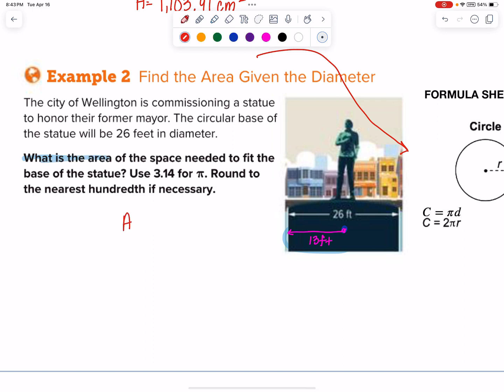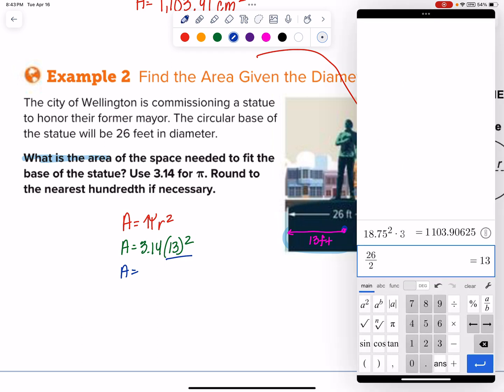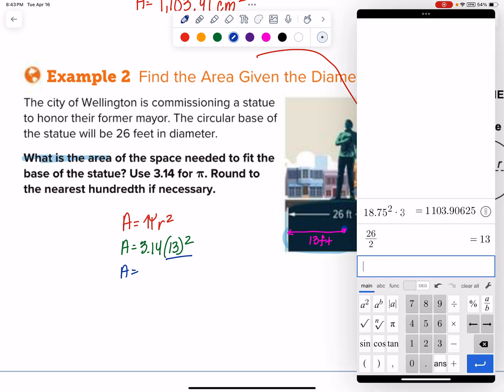We have area equals pi r squared, okay? Set it up and substitute. 3.14 times the radius, 13, squared. Let's go ahead and plug this in, and you can do this first and then multiply and write it out, or you can just do it all on Desmos and get an official answer, okay?